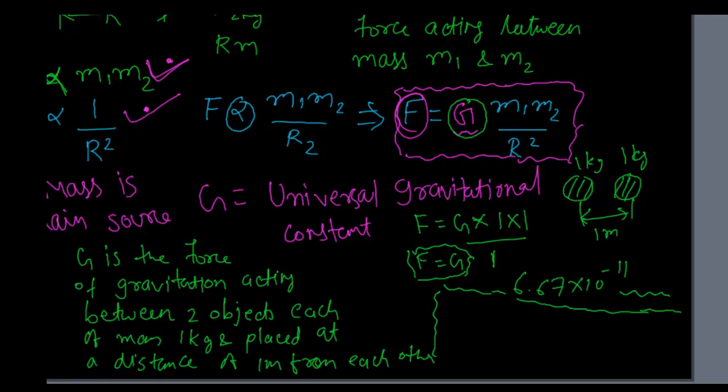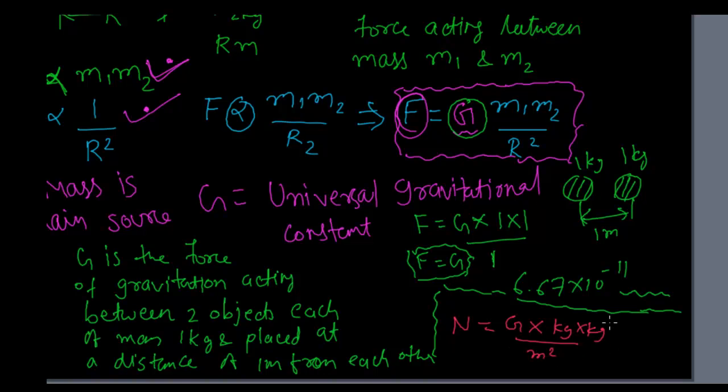Let me just change the color. Okay, G. The unit of force F is Newton. We are simply replacing each and every quantity with its unit in this equation, except G, because we want the unit for G. We will keep G as it is. The unit of one mass would be kg, the other mass would be kg, and distance square would be meter square.